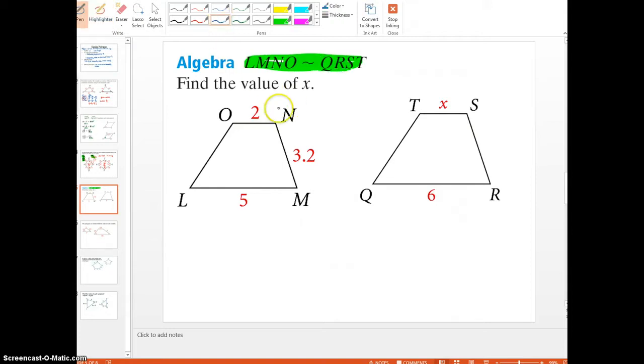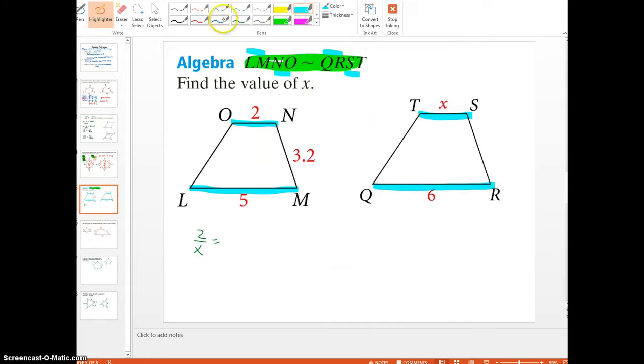So, when I look at it, if I'm looking for x, I know TS goes with NO. So right now I can write a ratio of 2 to x, because those sides correspond, equals, if I look at the two other sides, I know LM corresponds to QR.